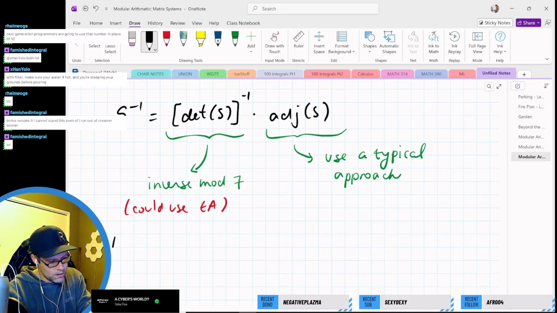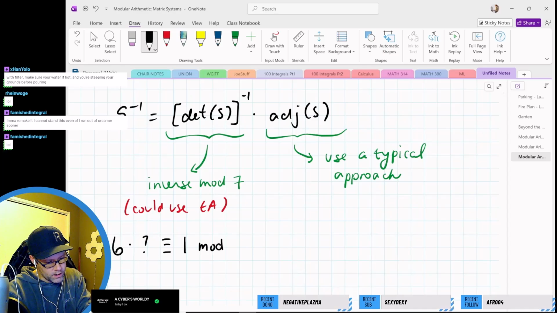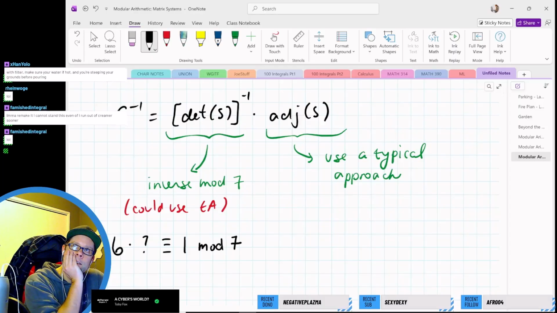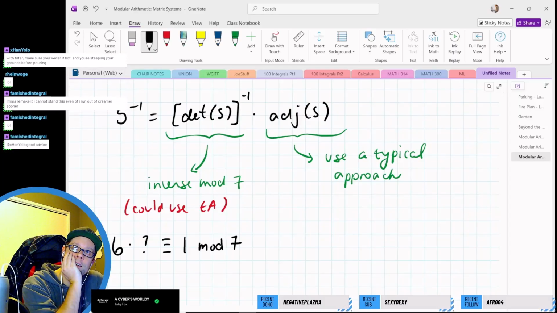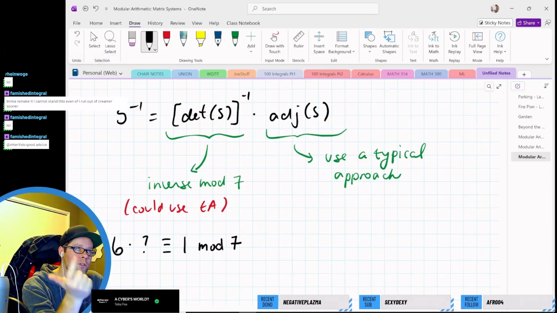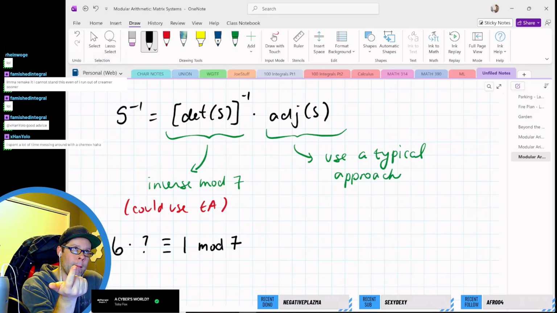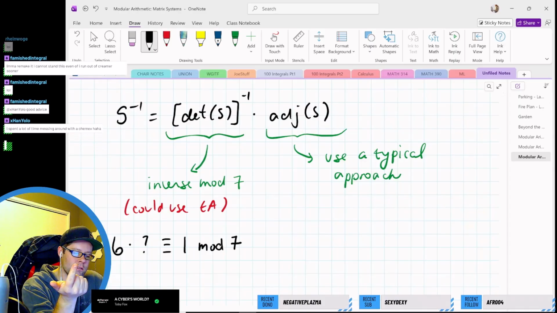So 6 times what would be equivalent to 1 mod 7? 6 times 1 is not 1. 6 times 2 is 12. That's not going to give us 1 mod 7.